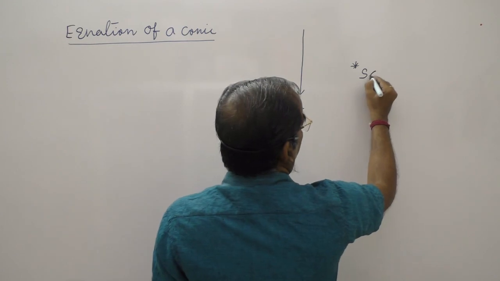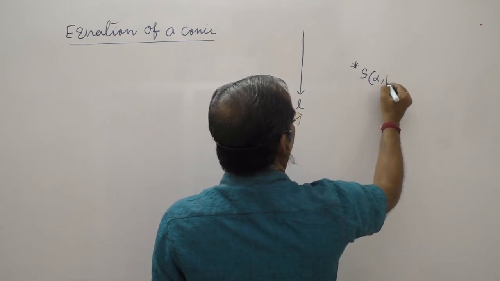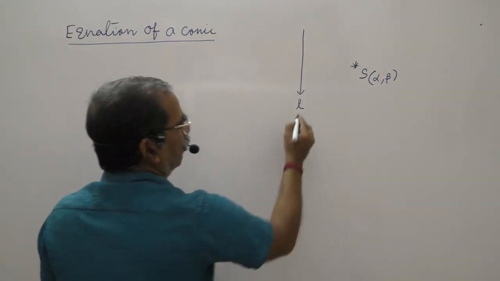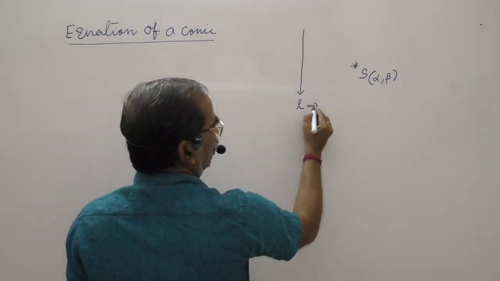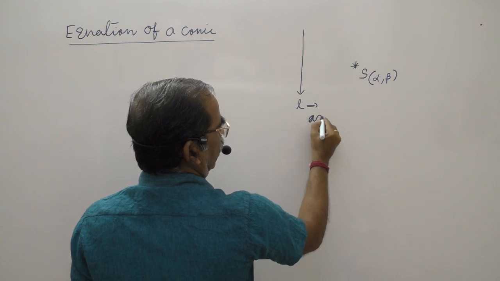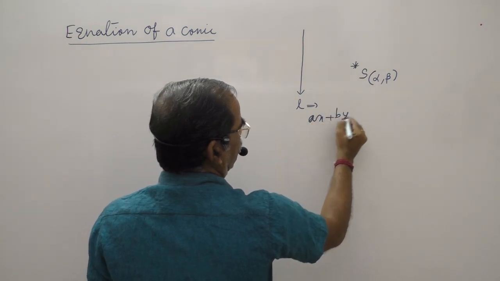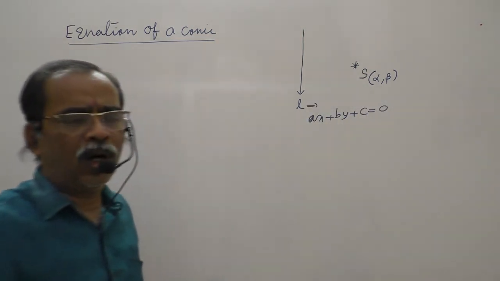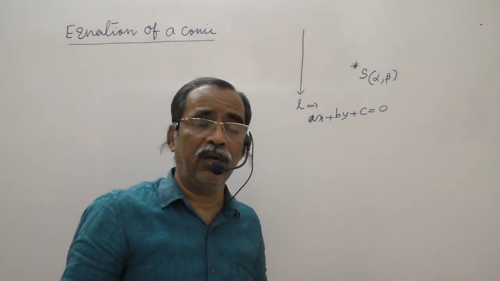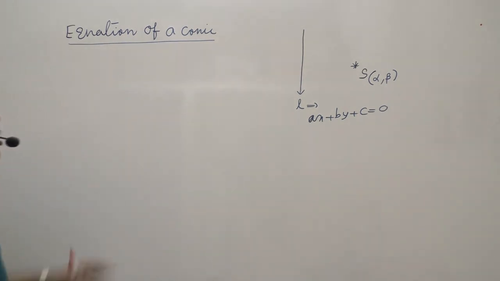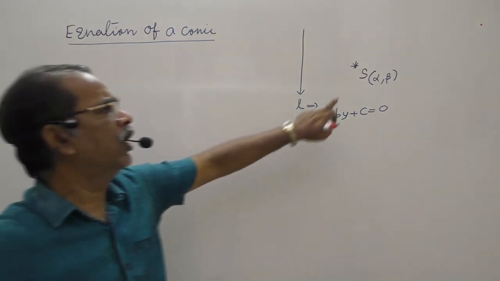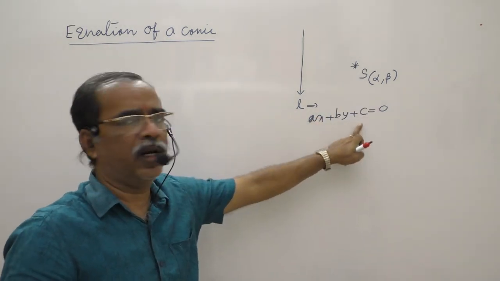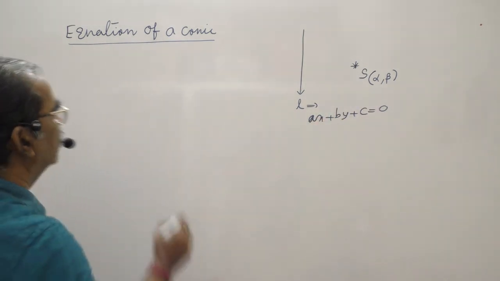For example, say the fixed point is alpha beta. And what is the fixed line? Suppose the fixed line is ax plus by plus c equal to 0. Now I will try to find the equation of the conic whose focus, the fixed point, is alpha beta, and directrix, the fixed line, is this.